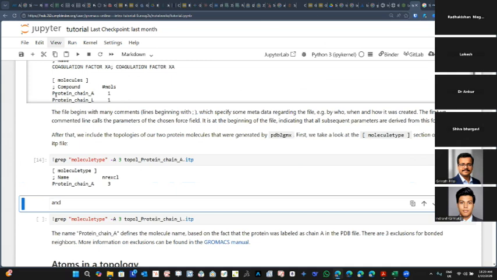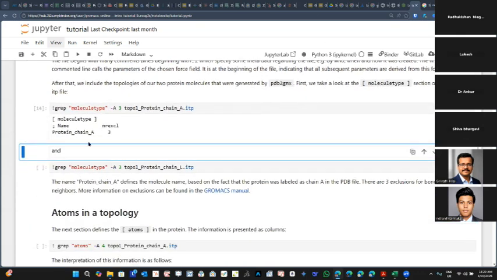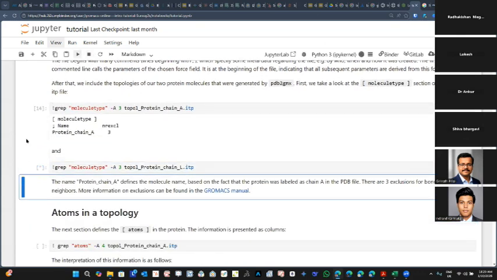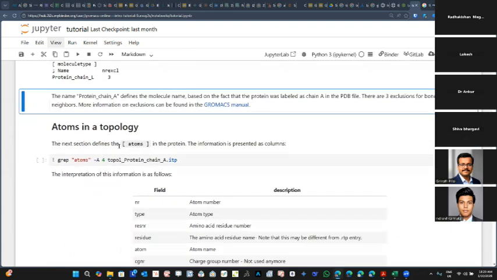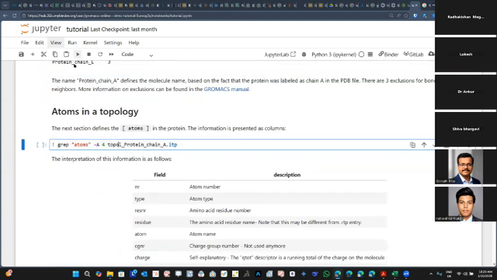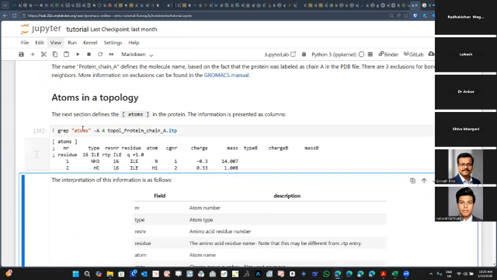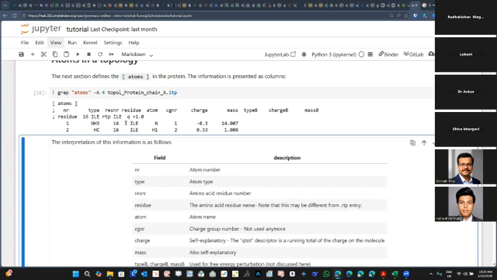the topol for chain A, I wanted to change the type of the particular protein chain. So I'm just adding them. And even for chain L, I want to add them. And then I want to look at the atoms in the topol file. So I can see these many atoms.